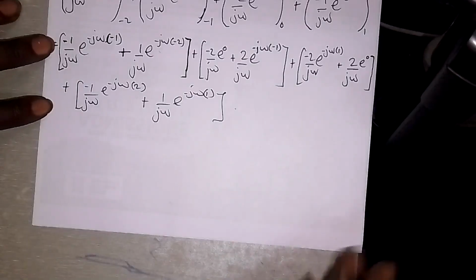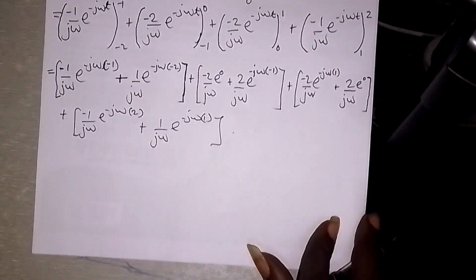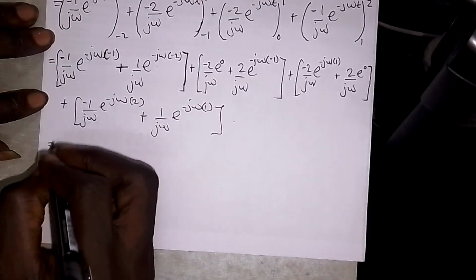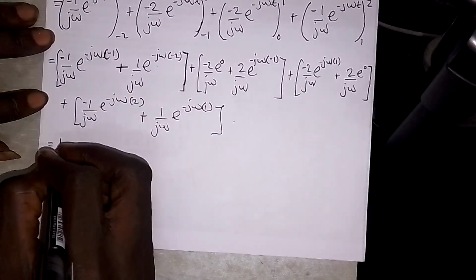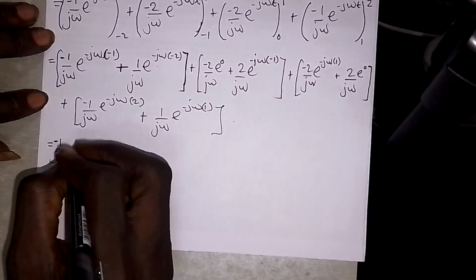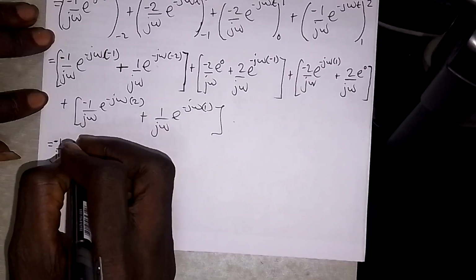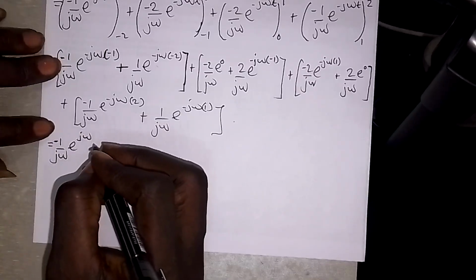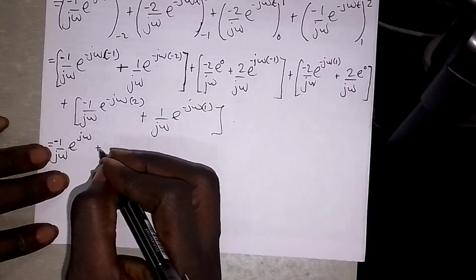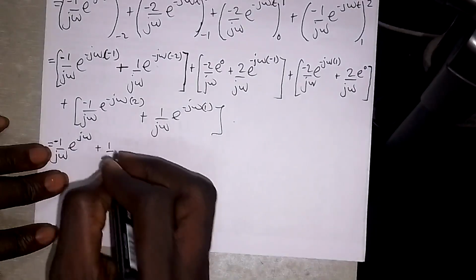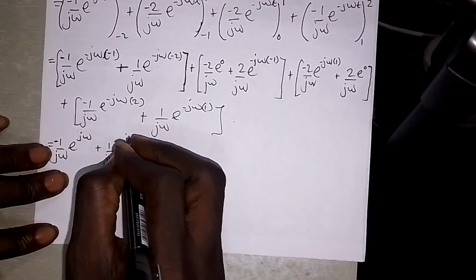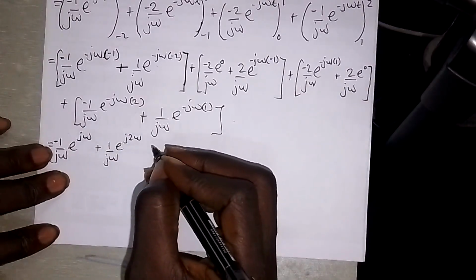From here, let's move on straight ahead. What we can actually do is note from our limits here. I'm going to have minus j omega into e exponent j omega, plus this one, 1 over j omega, e exponent 2 omega.